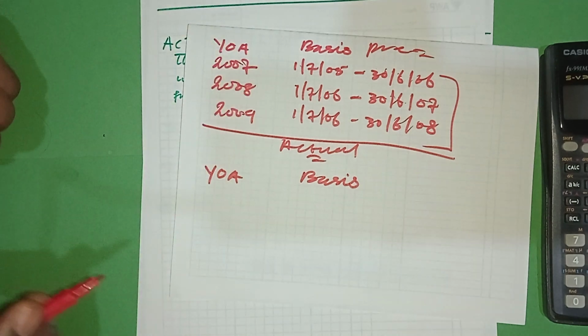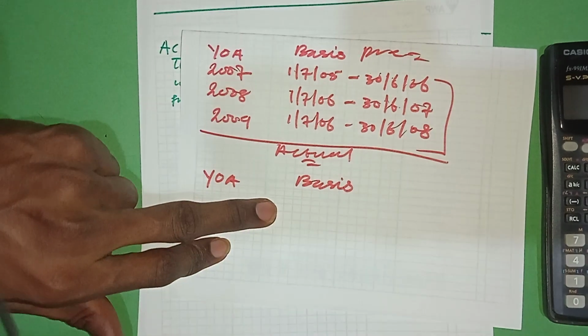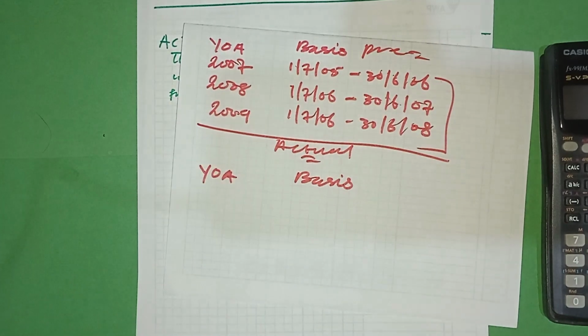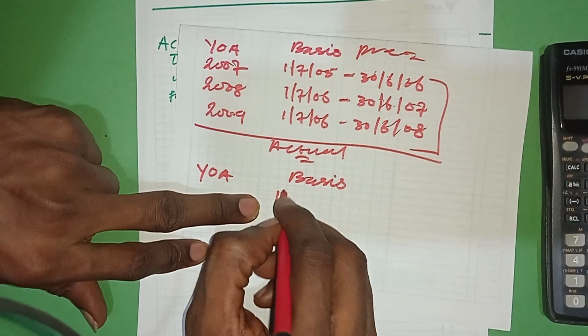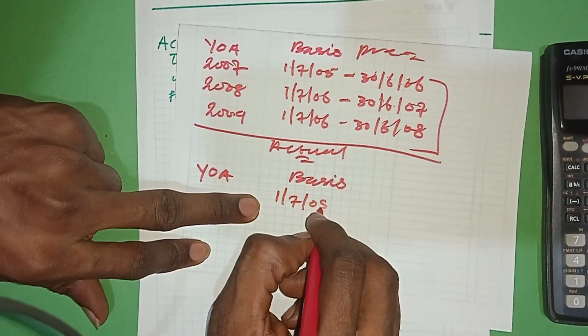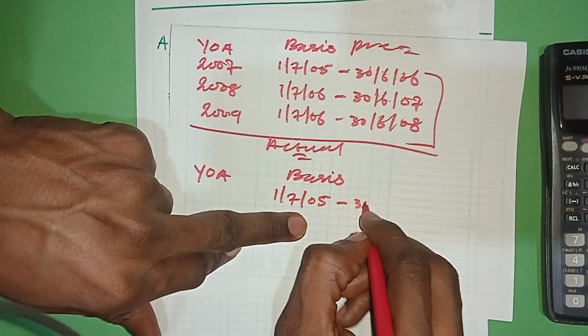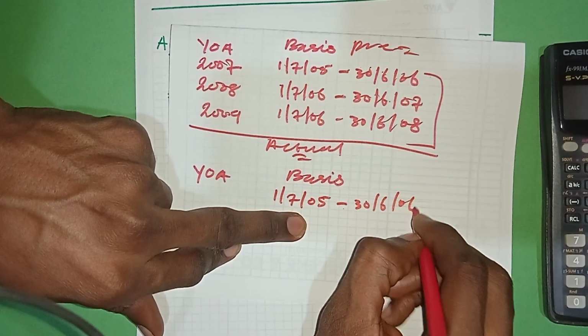Now, let's use the same example. Actual year basis, the profit made for that year will be assessed and taxed by the government that same year, which is 1/7/05 to 30/6/06.